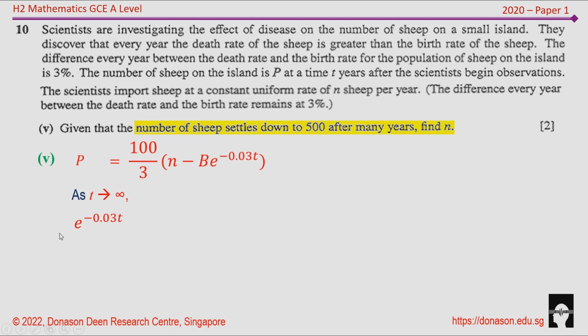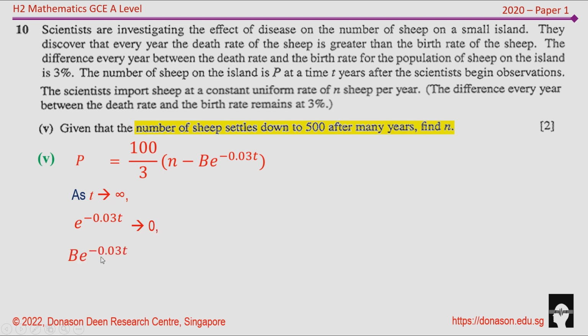So what happened to the e to the power of minus 0.03t? It's going to be equal to 0, because if you substitute infinity, you're going to get e to the power of negative infinity, which is going to become an extremely small number, almost 0.